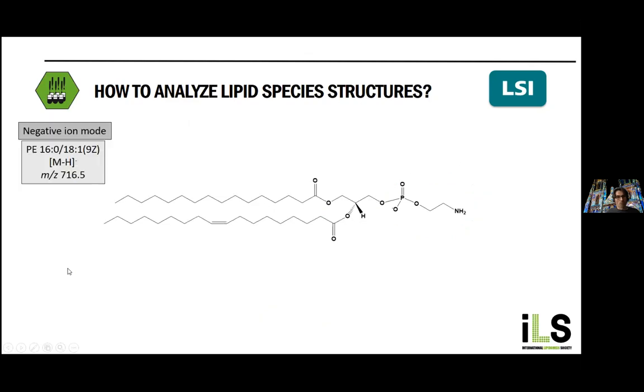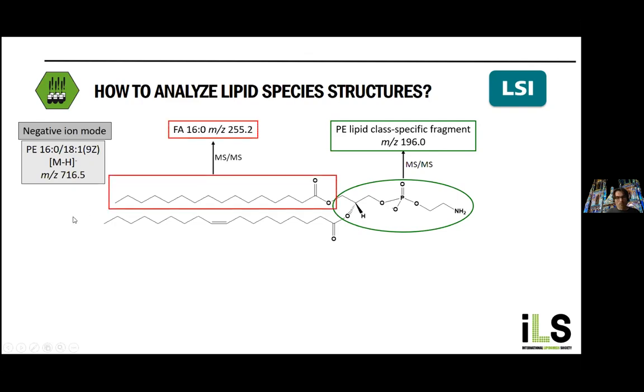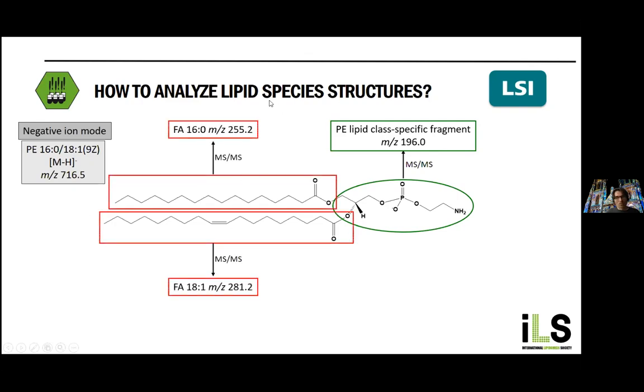If we do, for instance, negative ion mode with the same lipid, we see another kind of lipid class specific fragment. In this case it is 196, and that is specific for PE. But in negative ion mode, we typically also see fragments from the acyl chains.